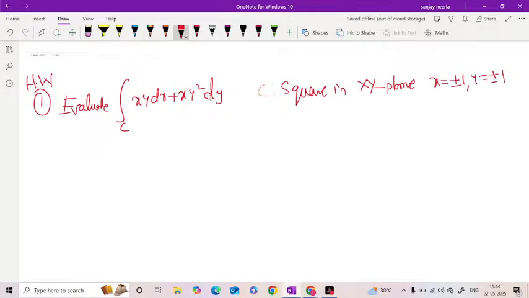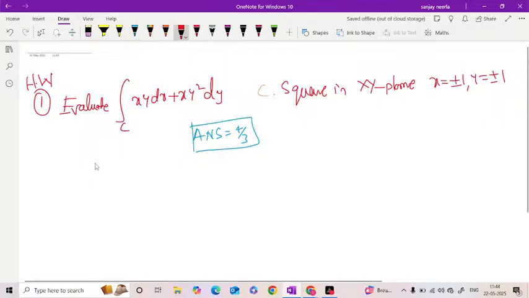My suggestion is better to solve it in two ways, by using Green's theorem and by using the line integral. 4/3 is the result.